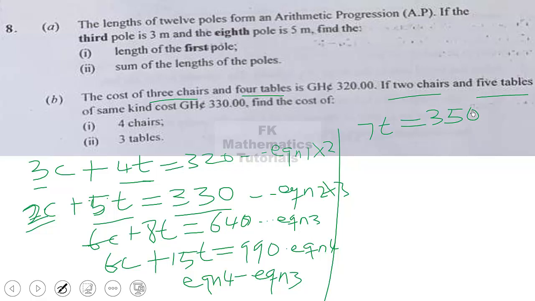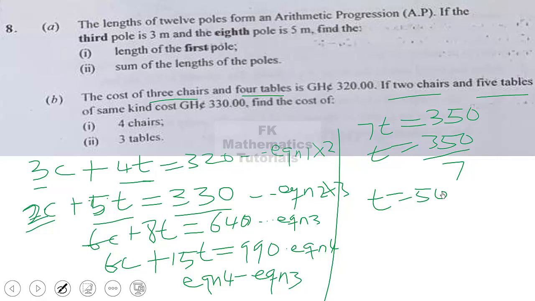We know 7 can go into 35 5 times. So t will be equal to 350 over 7, and that will be equal to 50. So the cost of one table is 50 Ghana cedis. Now we need to find the cost of one chair.